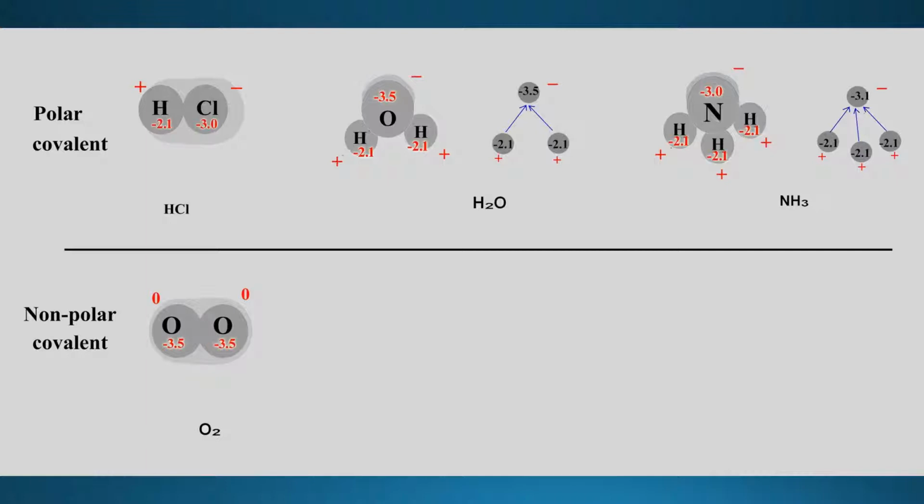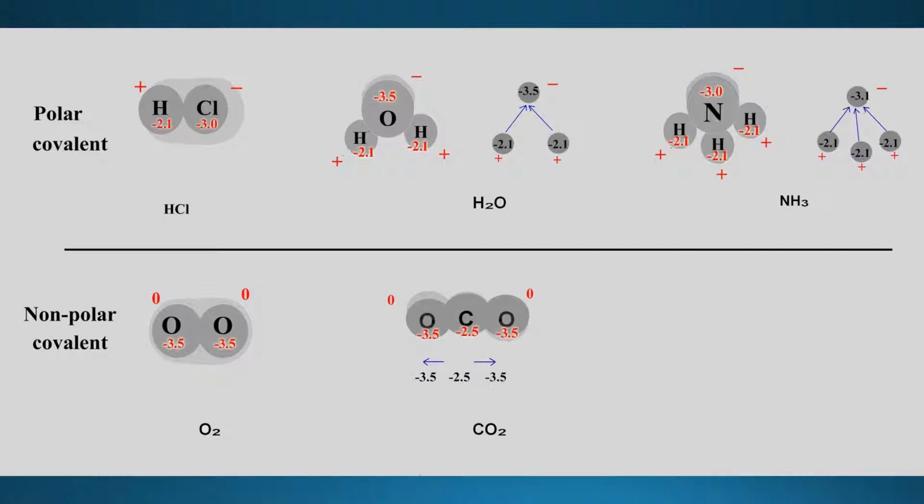Now let's look at a non-polar covalent molecule like O2, a double bond, but they are symmetric. The electrons are symmetrically distributed. No one gets more electron than the other. So they are non-polar covalent.